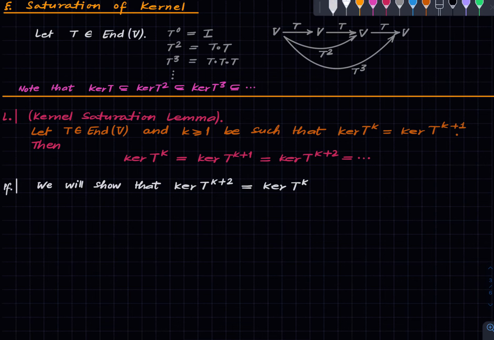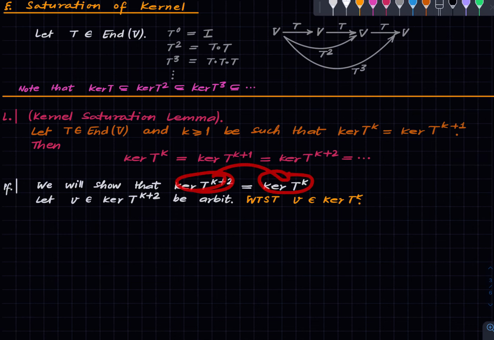So fix some vector in this guy arbitrarily, and enough to show that, or we want to show that, right? So once we show the orange thing, it will show that this guy is contained there, but the reverse containment is already present, so that will show the required equality.